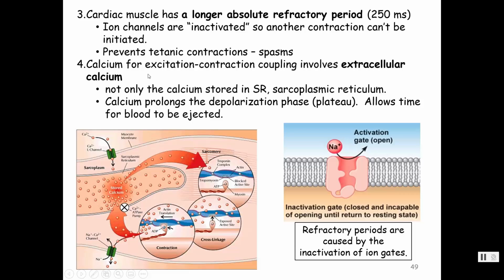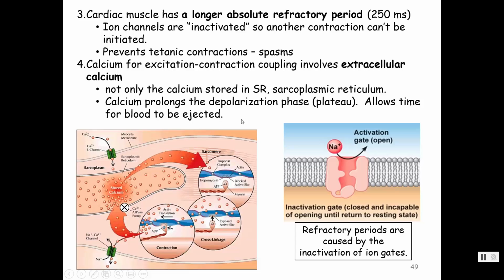The other thing that's different is that, remember, calcium was a switch for excitation contraction coupling. Remember, we have our troponin and tropomyosin. Those were our regulatory proteins, and they blocked the binding site on actin, so those myosin heads couldn't attach and shorten. So as long as there was calcium out here in the sarcoplasm, then we got muscle shortening. Calcium's still going to be locked up in the sarcoplasmic reticulum, but some of that calcium is also going to come in externally.